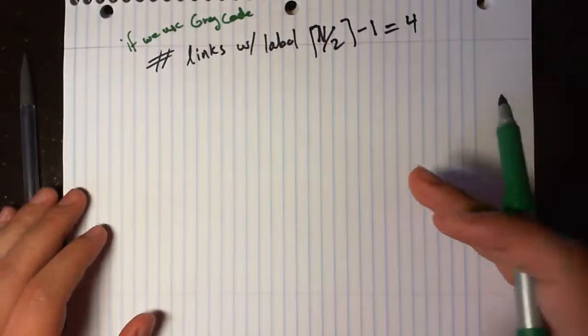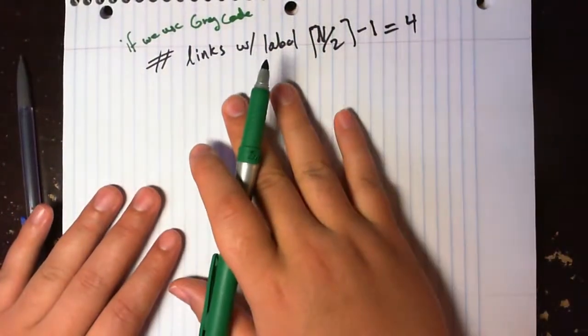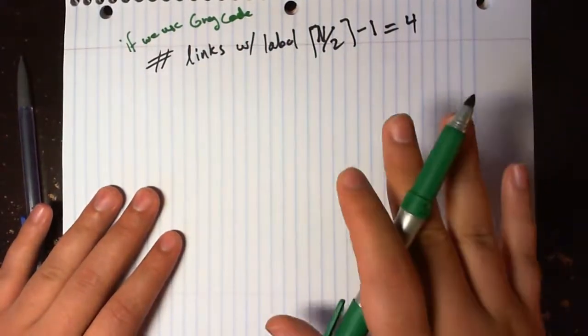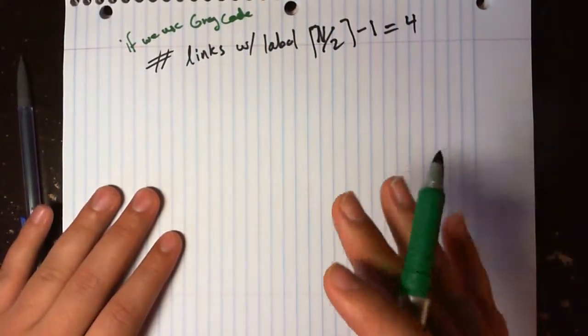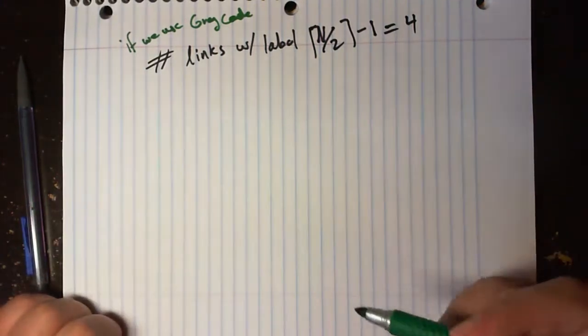There are other ways to construct a Hamiltonian cycle, but if you use the gray one we used before, we're always going to end up with exactly 4 links with the label n/2 minus 1.